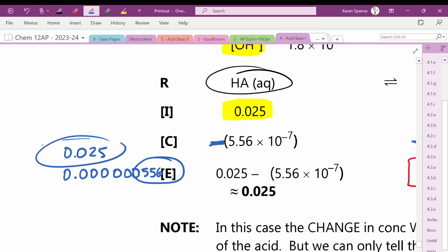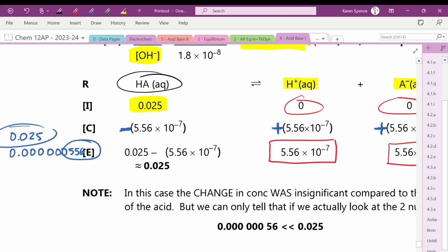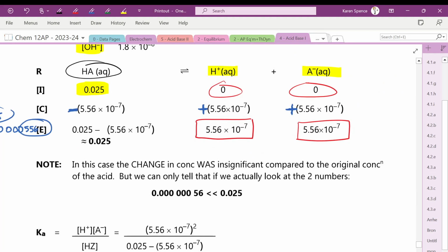No. You good with that? So if you want to, you can plug it into your calculator and see that you end up with 0.0249999 something, right? But you can do the subtraction, use your mental capacity to say, oh, in this case, it is much, much, much, much smaller, okay?